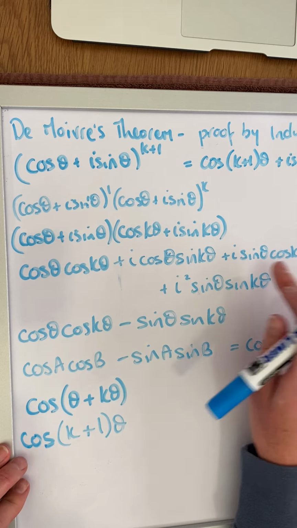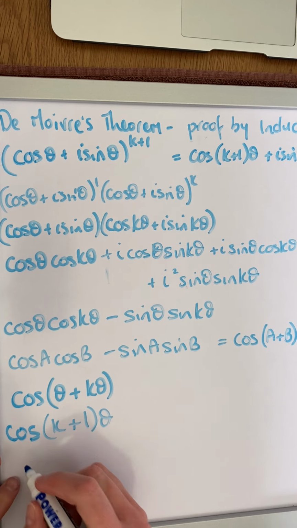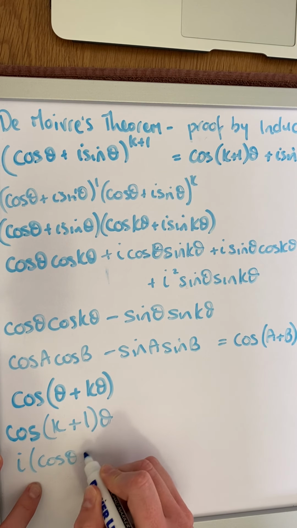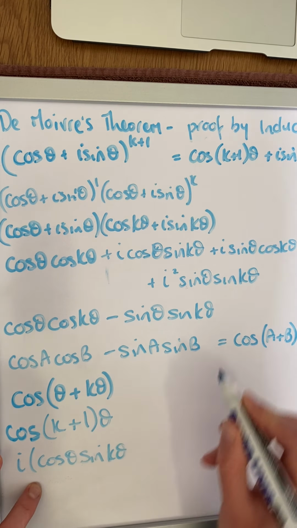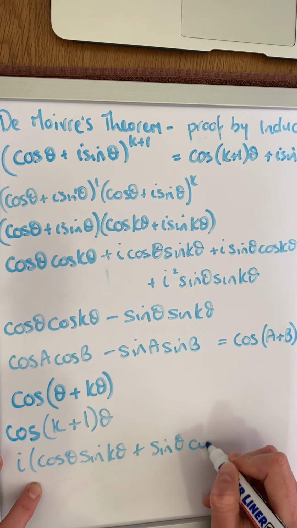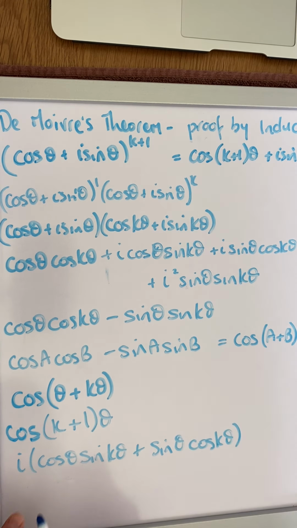Next, we're going to concentrate on the imaginary components. So we have i by (cos theta sine k theta plus sine theta cos k theta).